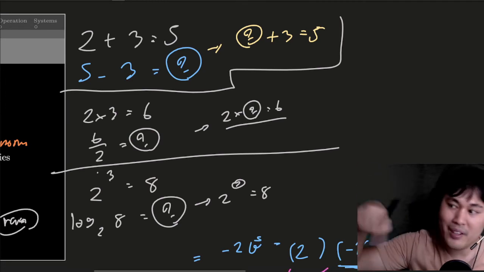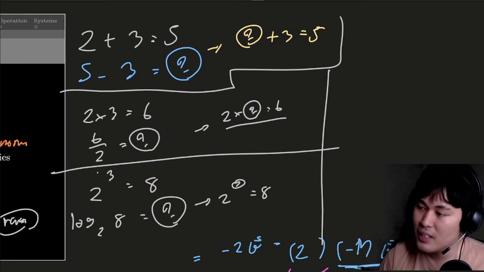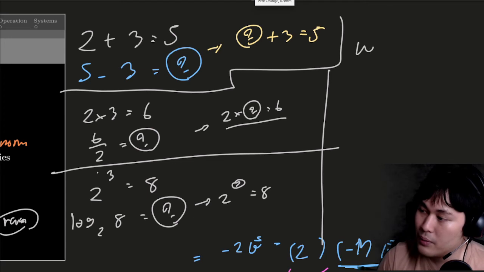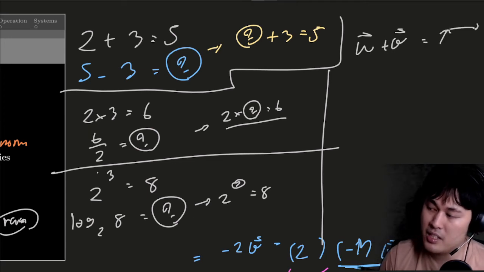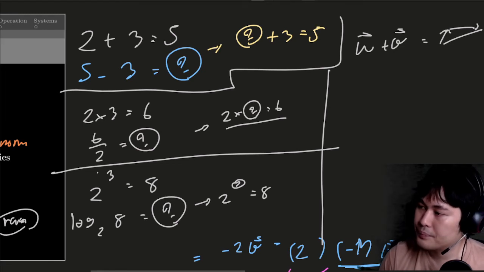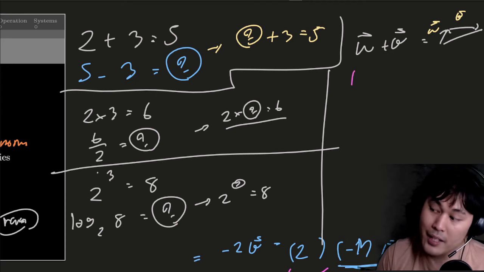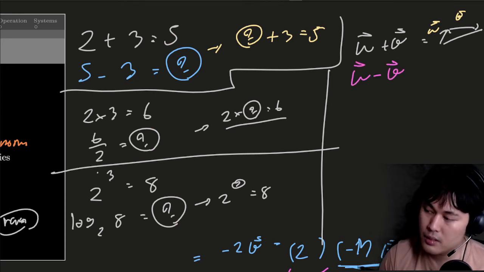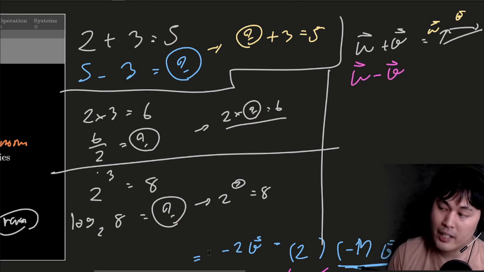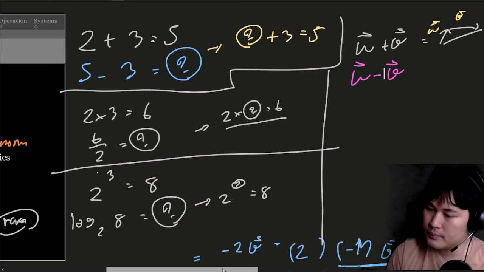Why do I have to say all this? Because similarly, when you think about vector addition, you have this image in mind. You have u, you have v, and you have this result. But if I ask you about vector subtraction, what do you mean by subtract?